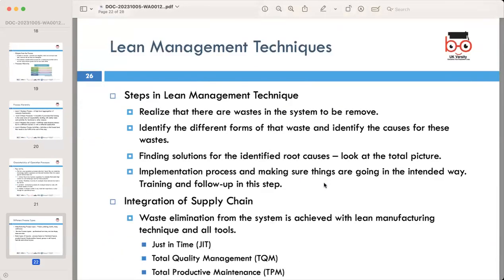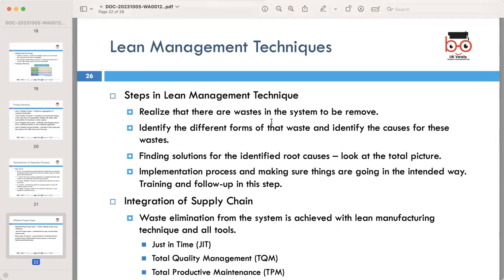Lean management techniques, and the steps in lean management techniques. Lean management is an approach focused on eliminating waste and maximizing efficiency in business processes. Basically, it's the approach we use to eliminate waste and maximize efficiency in business processes.